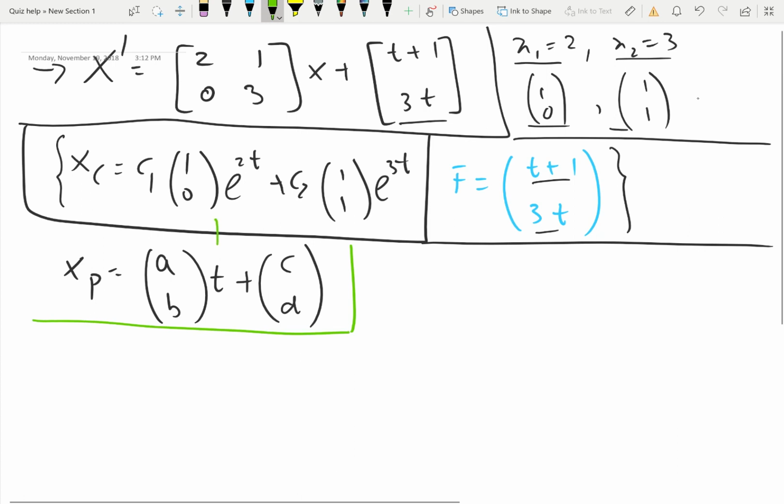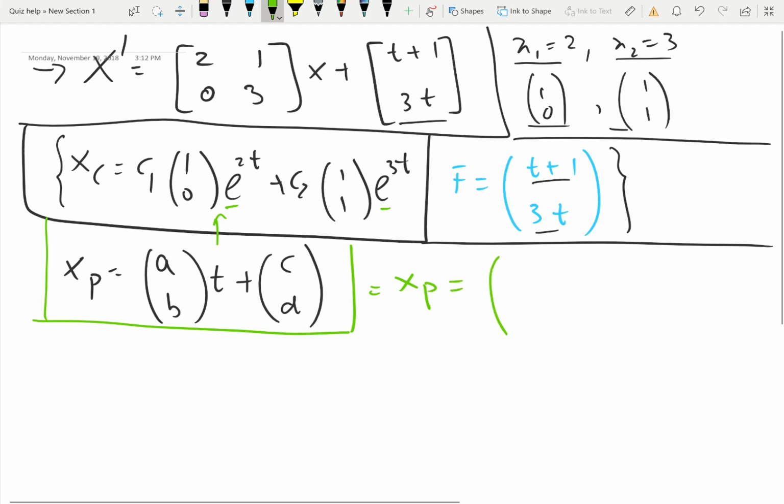The complementary solution has exponential functions in every part, but the particular solution only has these linear terms of t, so they do not overlap.